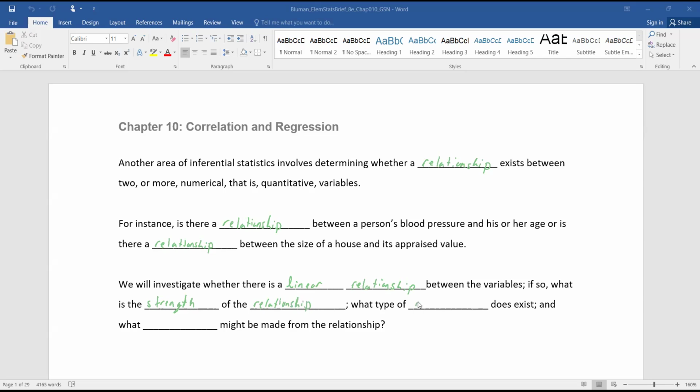What type of relationship does exist? And what predictions might be made from the relationship? So that's pretty much the gist of this chapter.